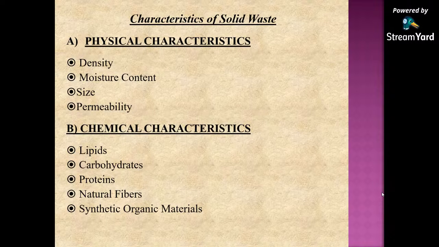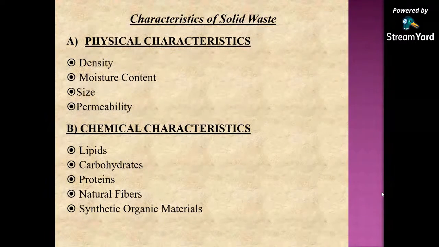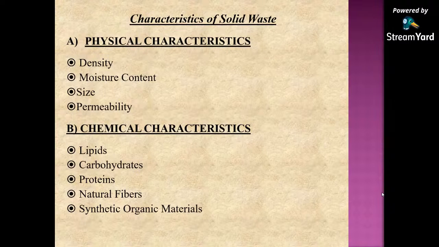Next chemical characteristic is synthetic organic material. In recent years, plastics have become a significant component of solid waste, accounting for 1 to 10%. They are highly resistant to biodegradation and hence their presence in the waste is objectionable.